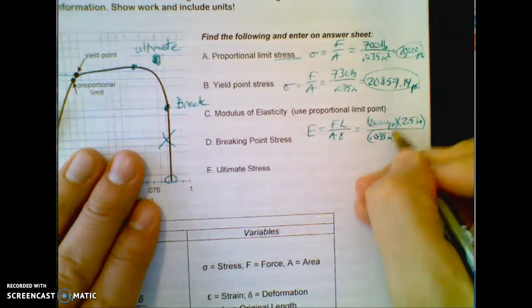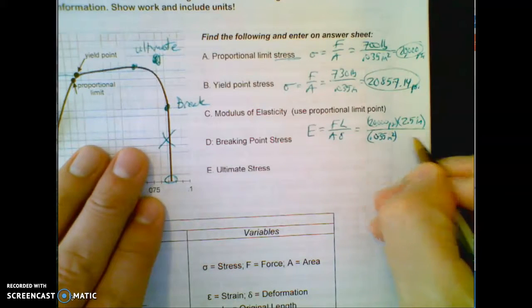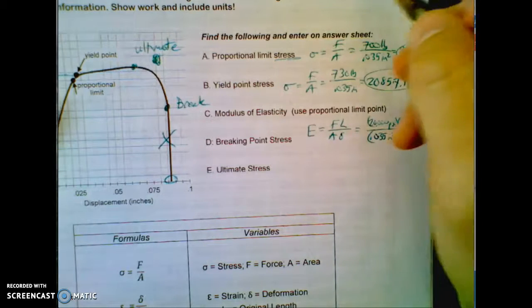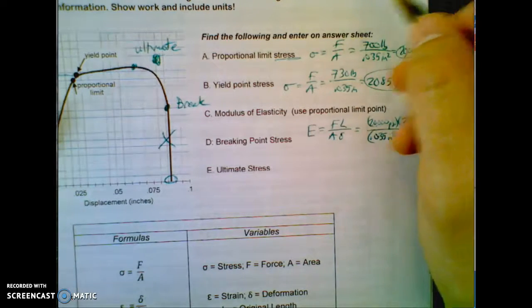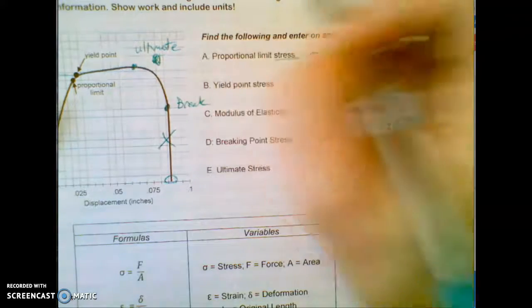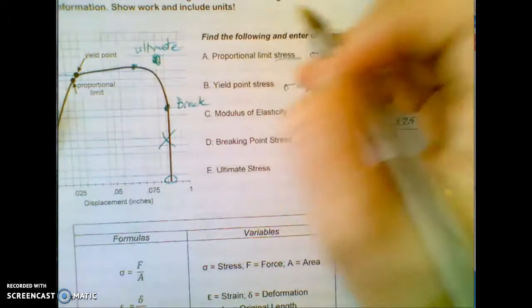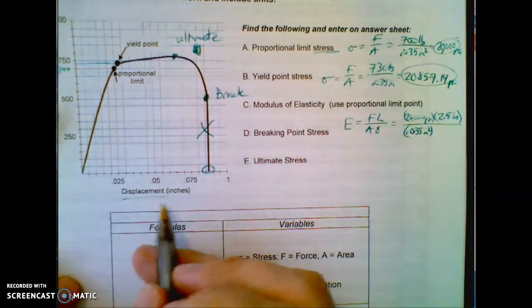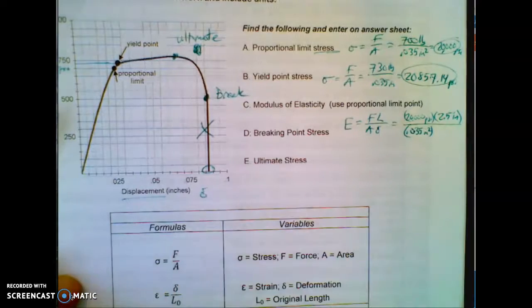It'll cancel out with the inches squared of that, times the original length. Oh wait, not original length, how much it's stretched. Okay, now that's the new thing. Displacement is a fancy way of saying amount stretched.